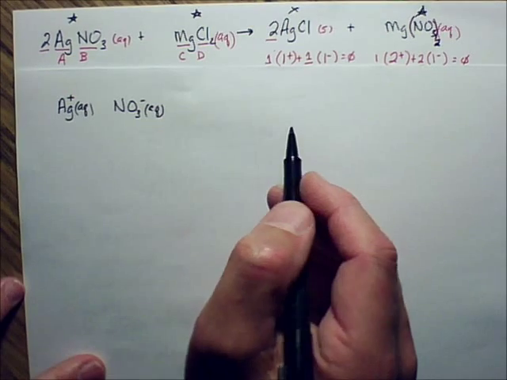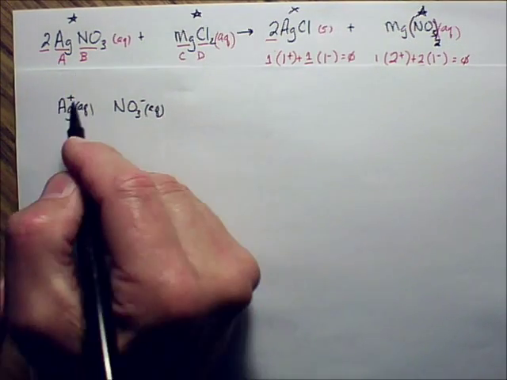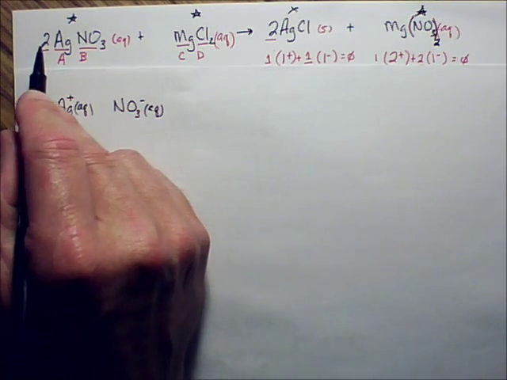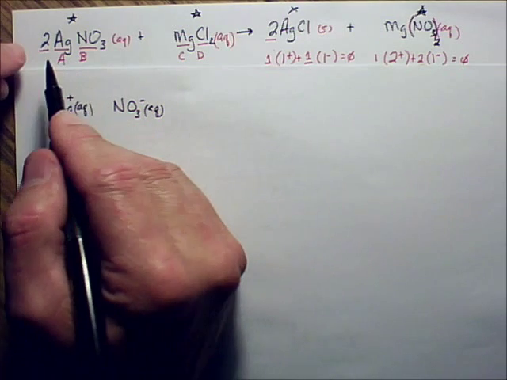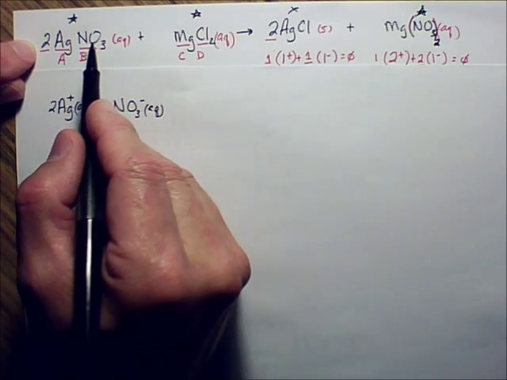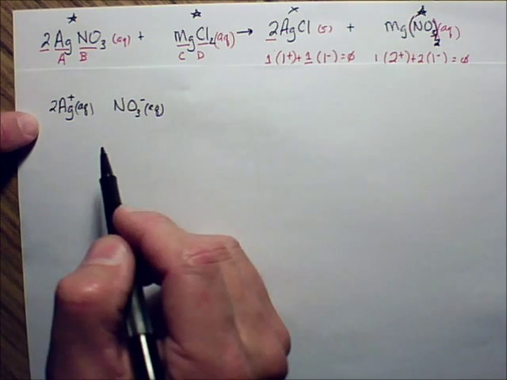Darrell, how many silvers are there up here? There are 2 silvers. So this 2, when we're balancing the overall equation, remember, applies to everything in here. It also applies to the separate ions in there. So there are 2 silvers.